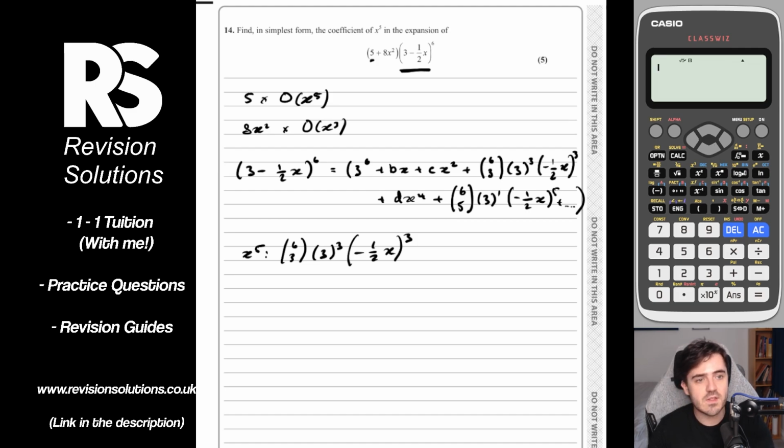If we plug that in the calculator, it's going to be 6 choose 3, times 3 cubed, and then here, I need to make sure I put that bracket in so I get the minus sign, so minus a half, and then we'll put the x cubed on ourselves at the end, but it's minus a half cubed. That's minus 135 over 2. So we'd have minus 135 over 2 x cubed.